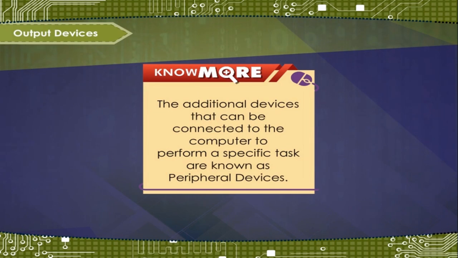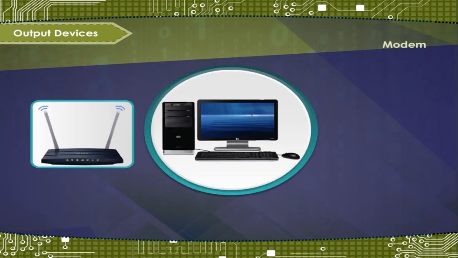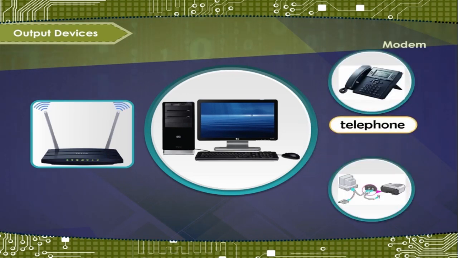The additional devices that can be connected to the computer to perform a specific task are known as peripheral devices. Modem. Modem stands for modulator demodulator. It is an electronic device that allows a computer to exchange information over a telephone or ISDN line.